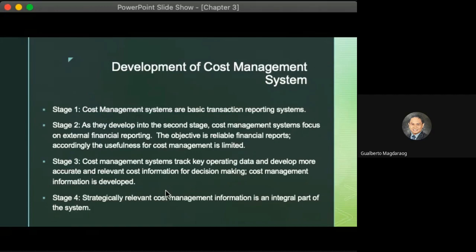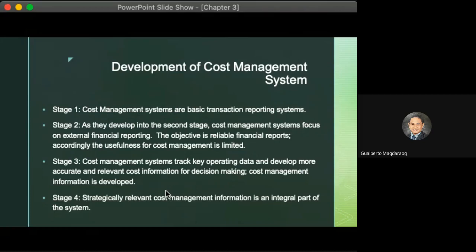But as we operate dun sa business natin, nagde-develop siya. Kaya in stage 2, cost management system focus on external financial reporting. The objective is a reliable financial reports. Accordingly, the usefulness of cost management is limited.